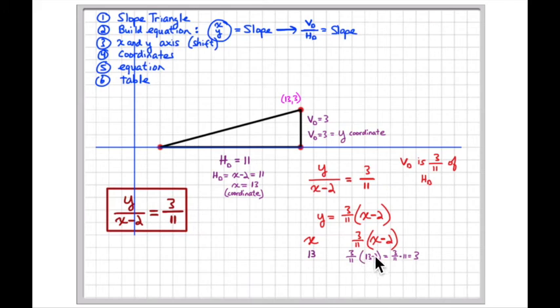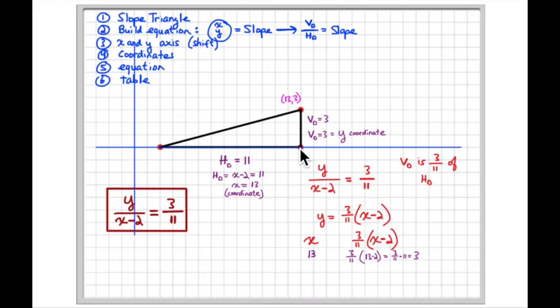So 3/11ths of that number of units is the same as 3/11 of 11. Well, 3/11 of 11 is 3. If you have 11 things, 3 of them are 3 of those things. So if the x-coordinate is 13, the y-coordinate is 3. It's just 3/11 of the number of units in the horizontal direction.